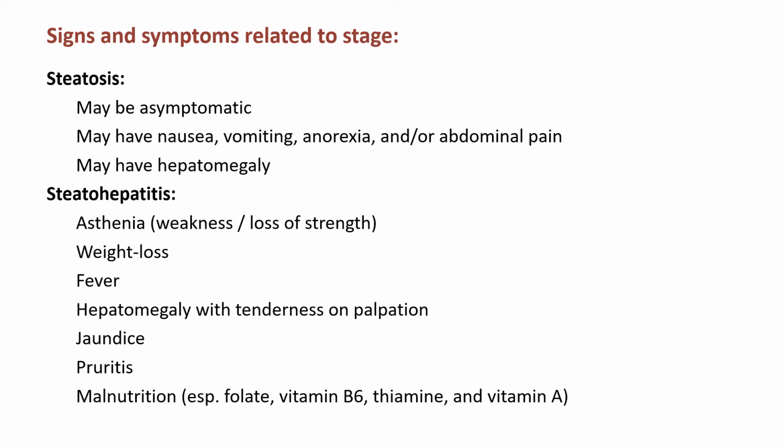It also may be tender on palpation. We may at this stage get some jaundice, some itching, pruritus, and possibly start to see the outcomes of malabsorption. So we may get some malnutrition, particularly of various vitamins like folate, B6, thiamine, and vitamin A.